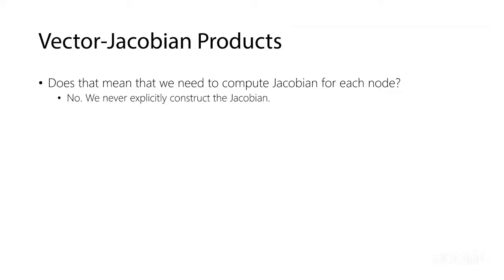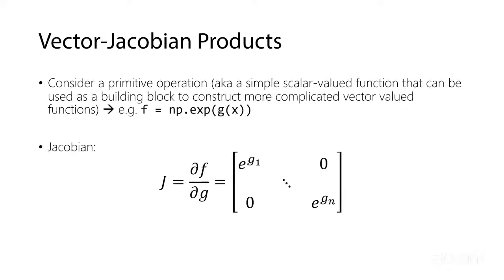The idea is that instead of computing the entire Jacobian, we instead compute the product of a vector and the Jacobian, so that we don't have to explicitly construct the Jacobian itself. So the VJP, vector Jacobian product, well, let's take a look at the example.